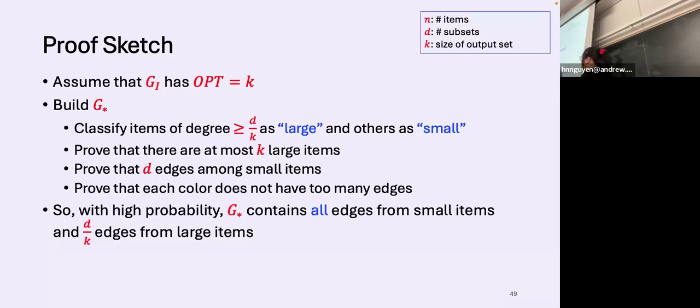If I have an upper bound on these things, then when I have k different colors, hopefully my items should be well distributed in some sort of way. And if they're well distributed amongst the colors, then if I run d over k samples for each color, I should be able to get the edges that I want.